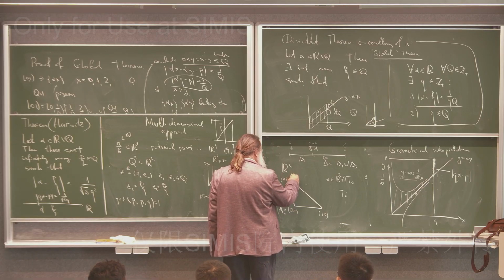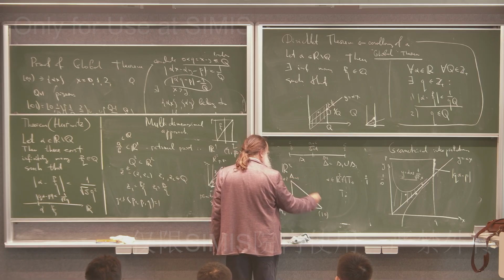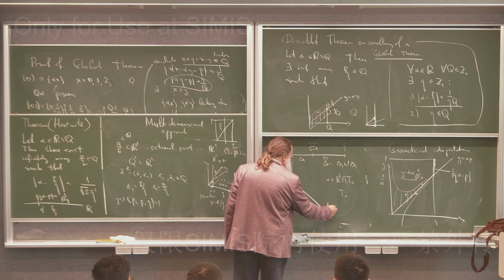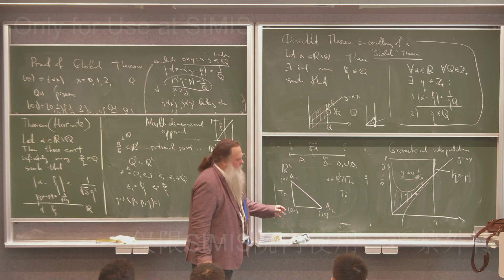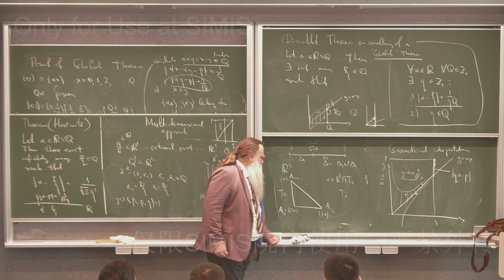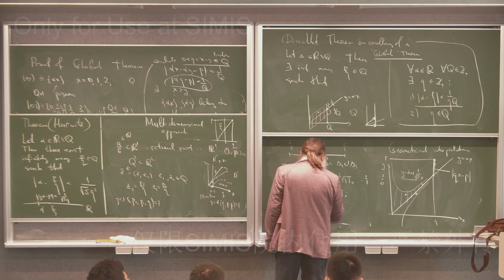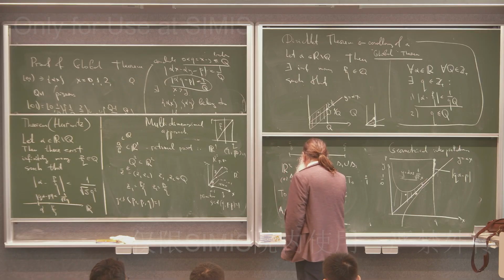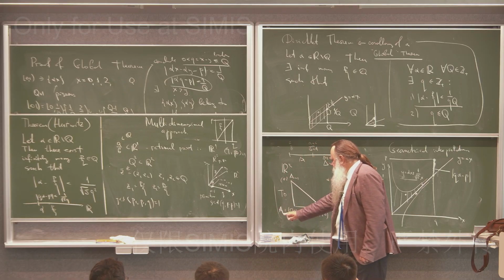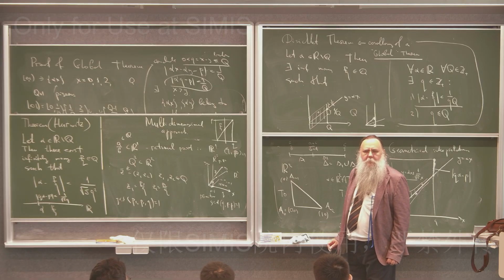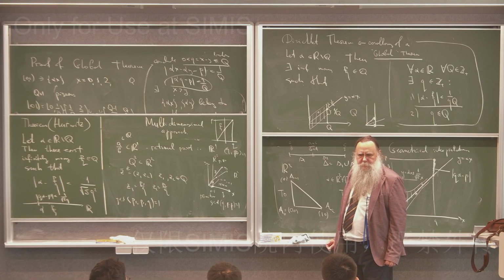This point we will call A minus 1. And this point we will call A minus 2. I don't remember well what the points should be. Well, it is important that A0 is 0, 0.